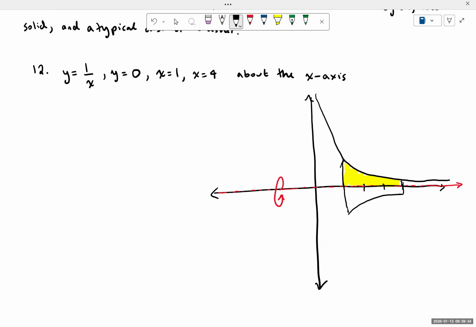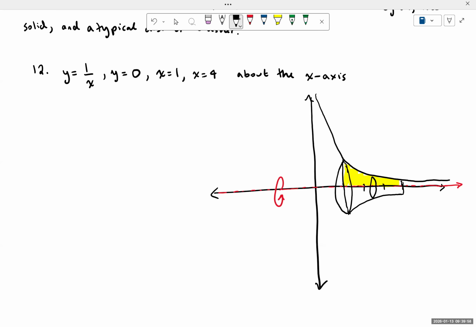When it's revolved, it's basically kind of like this, almost like an Erlenmeyer flask, but not quite. So you've got to get that picture in your mind of what the solid's going to look like when we've taken this yellow region and revolved it around the axis.